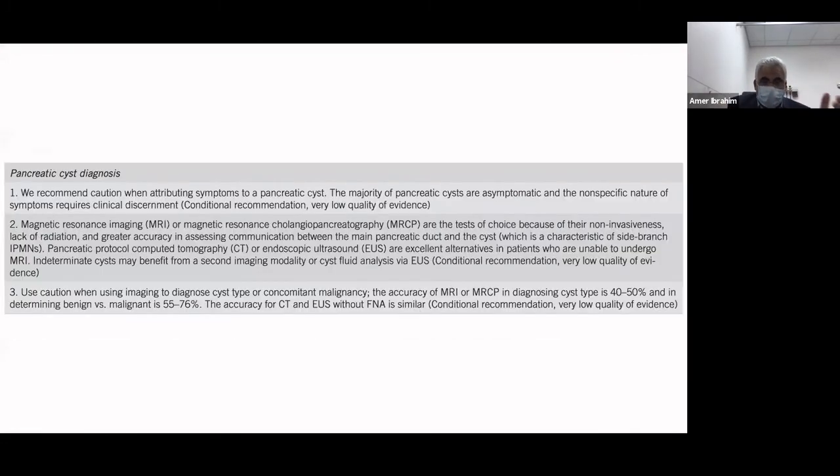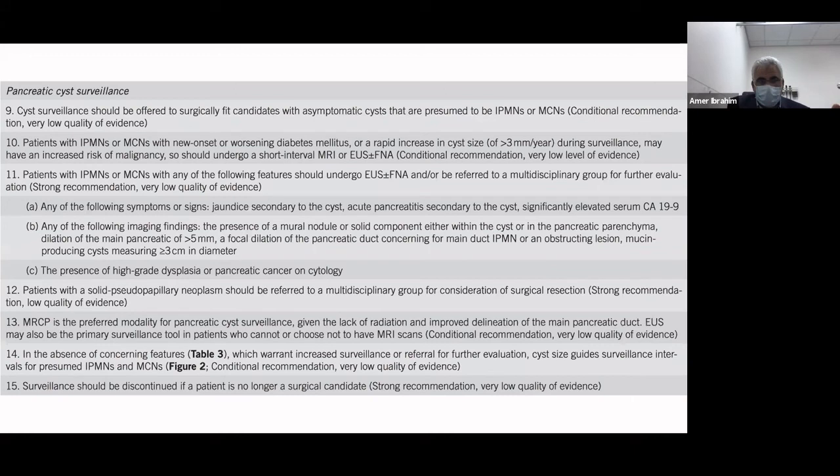So these are the guidelines, and if you come to the follow-up, which is how we are going to follow up a side branch IPMN, again, there is a poor level of evidence, and many hospitals have different approaches. Basically, you follow them up by MRI, MRCP, if the patient can have that, on a yearly basis.